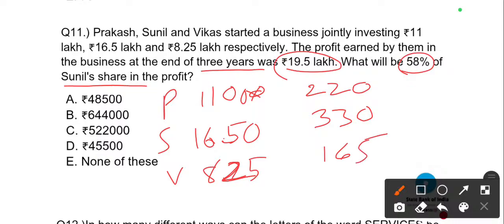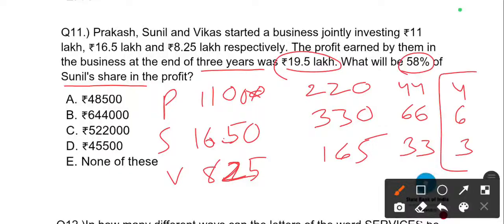We can see again 4 times, 6 times and 6 times 3, 3 times. So we get 4 is to 6 is to 3 as the profit share ratio.